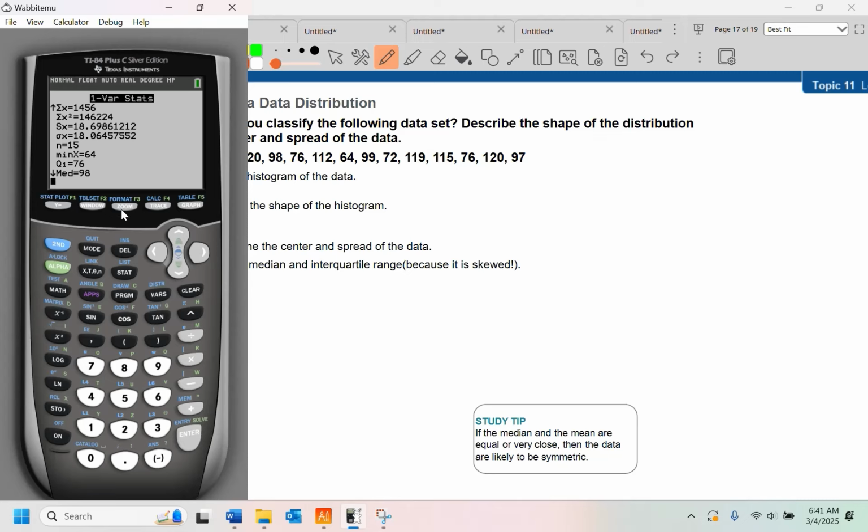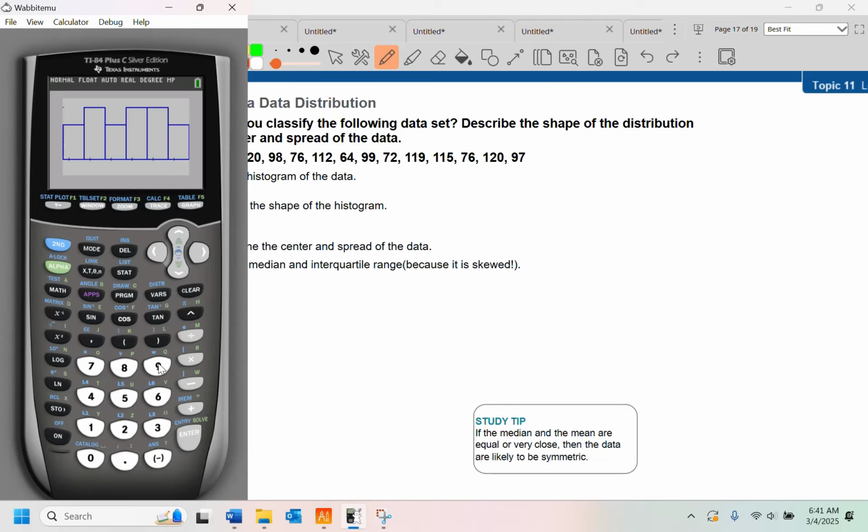So let's do a zoom 9 because I've already turned the histogram on. I don't know if that's normal or not, but it kind of is. It's a funny looking one, isn't it? I don't like that one at all.